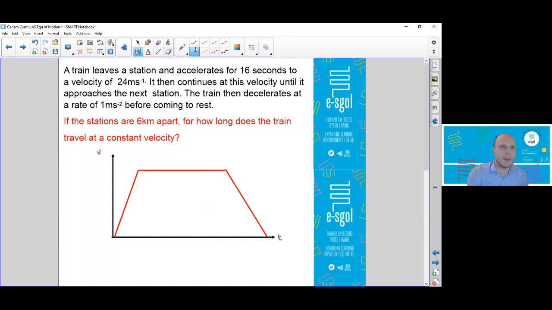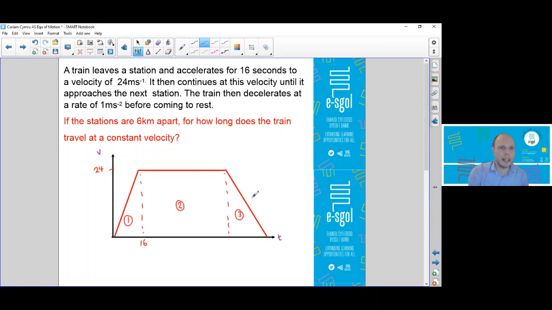So now then, what values have we got? Let's chop there, and let's chop down there. Okay, we know it reaches a maximum velocity of 24, so we can put that in there. We know that it accelerated for 16 seconds, so we can put that in there. So section 1, section 2, section 3.